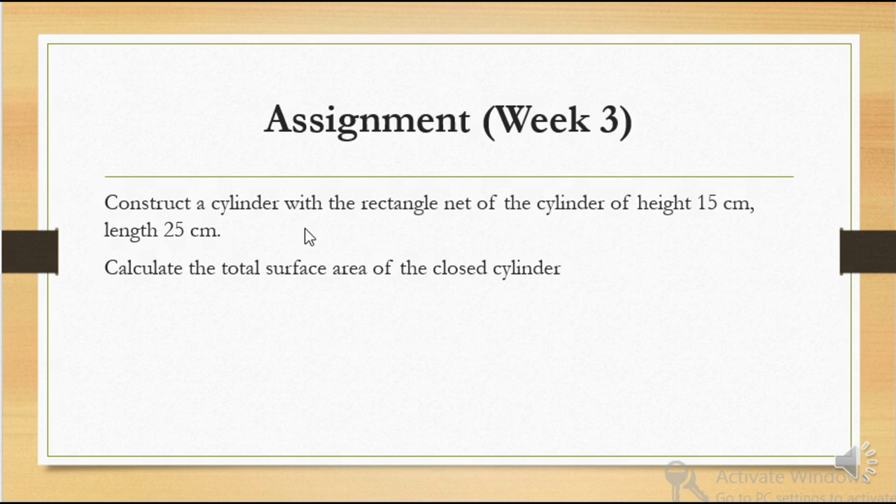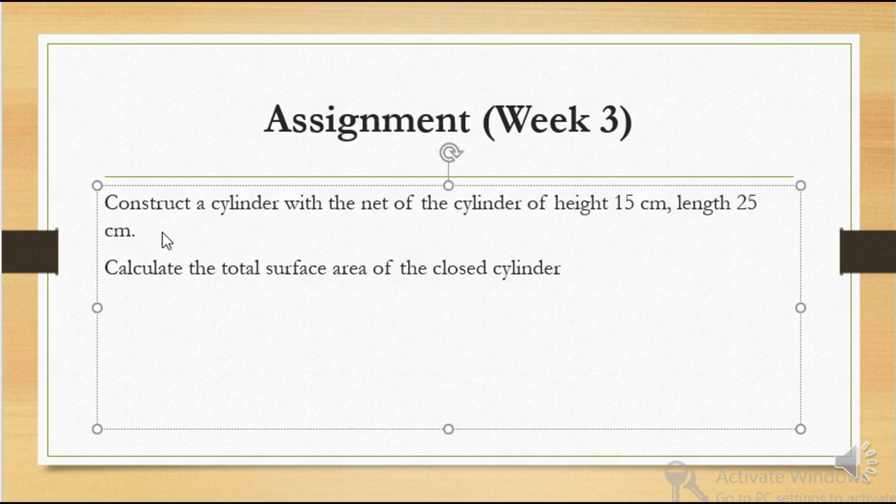Having watched the video where the net of the cylinder was used to form a cylinder, you are to construct a cylinder with the net of the cylinder of height 15 cm, length 25 cm. The height and the length are the dimensions of the rectangle you will use to form the cylinder.